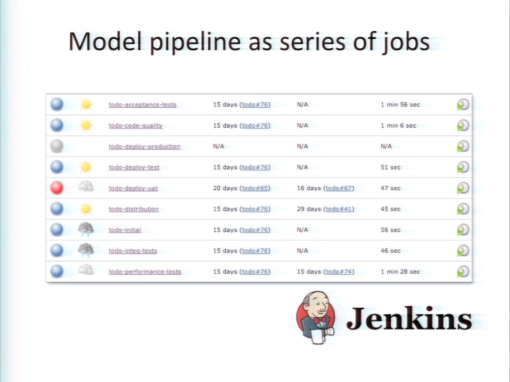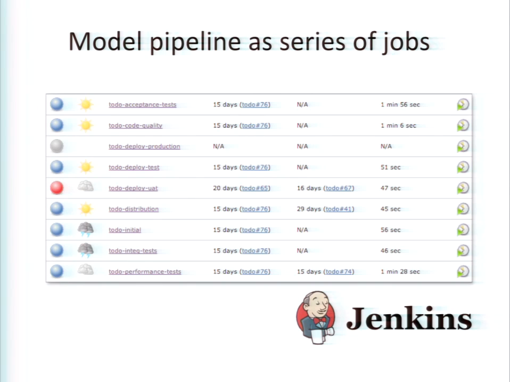After that, we run the integration test still as part of the commit stage. What else do we have? We have the acceptance test that will be in the second stage. We have those code quality checks that also run in the first stage. We have deploy jobs for the different environments.